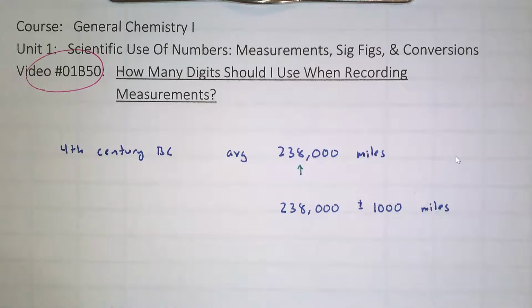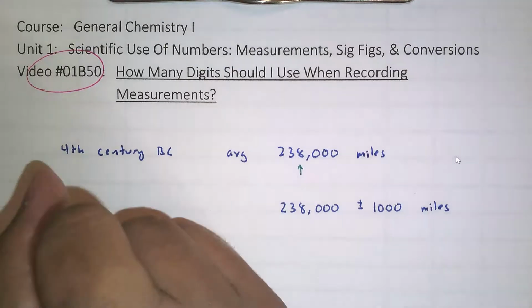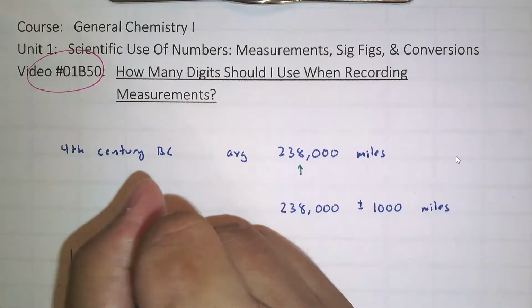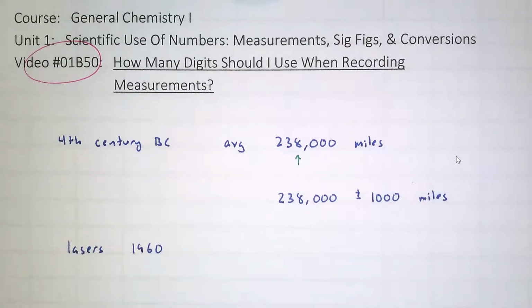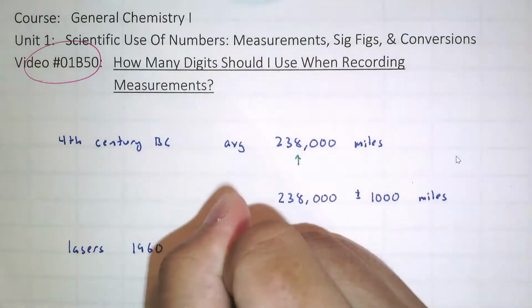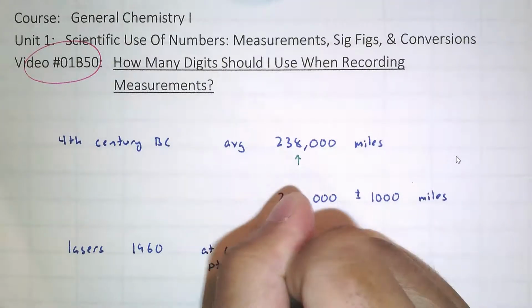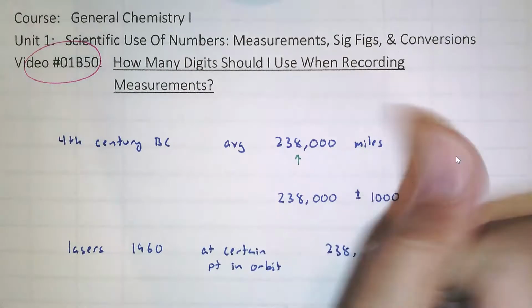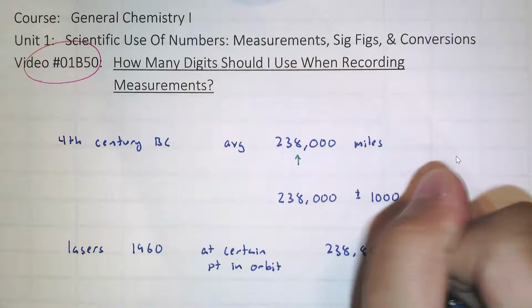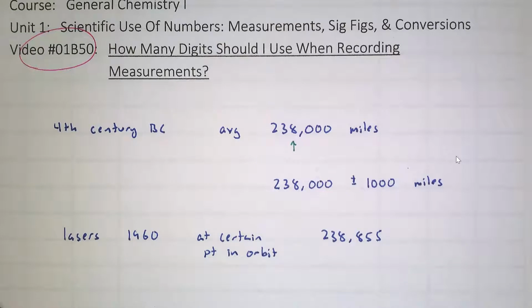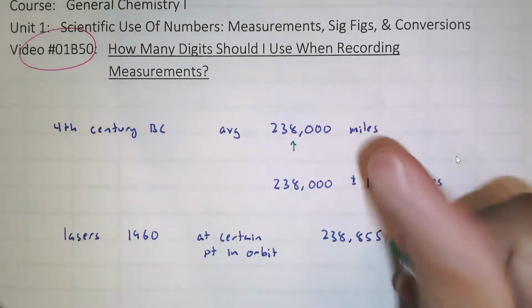Okay, but with the advent of lasers in the 1960s, at a certain point in the orbit, they got a number, 238,855. And now the last digit where there's a meaning to this distance is 5.